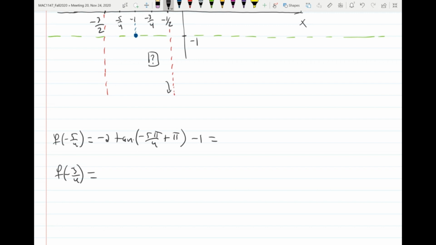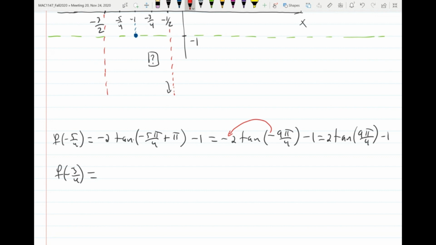Okay, let's calculate this. So this is tangent of -9π/4 minus 1. And as you know, tangent is odd, so that negative, I'm going to get rid of it. I'm going to bring it to the front, and it will cancel the negative. So this is the same thing as 2 times tangent of 9π/4 minus 1. So this minus came out and canceled with this one, because the tangent is odd.